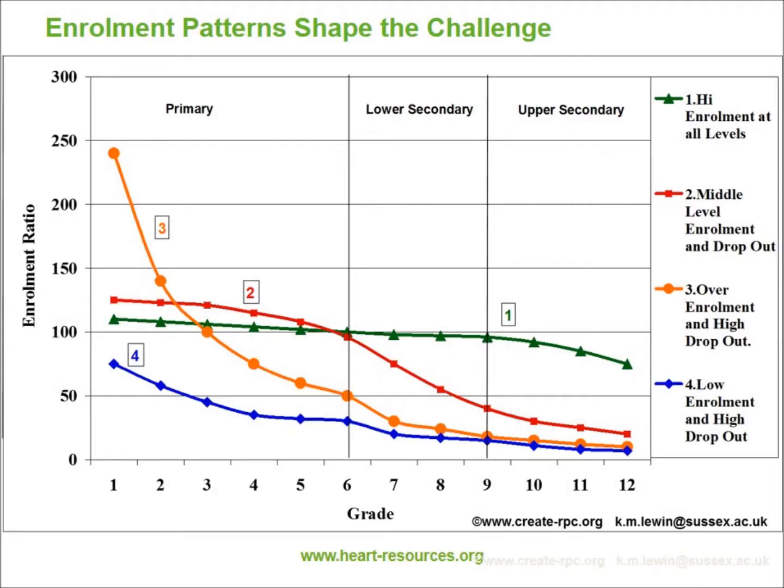And let's move on then and present this in a slightly different way. The chart that you're now looking at aggregates patterns of enrolment in different countries in sub-Saharan Africa. They fall into 4 types. Type 1 are high enrolment countries where pretty much every child who starts reaches grade 9 and indeed in some cases reaches grade 12.